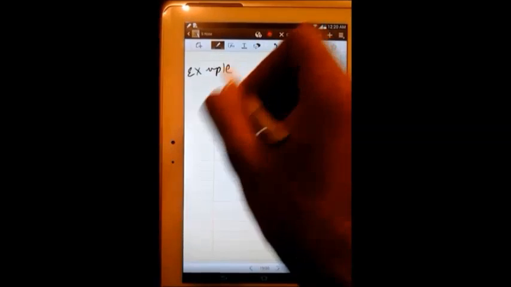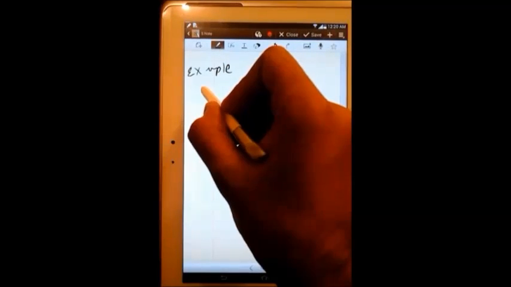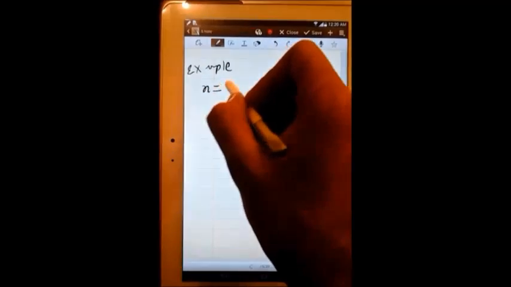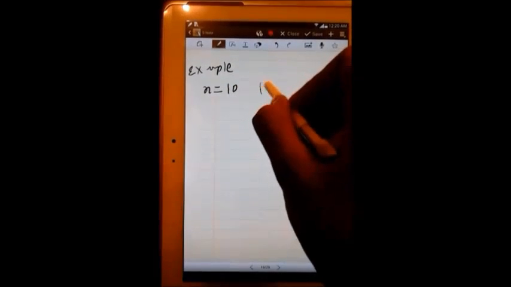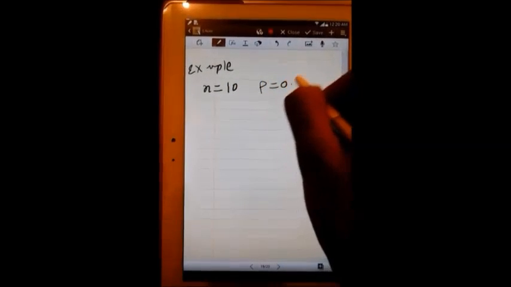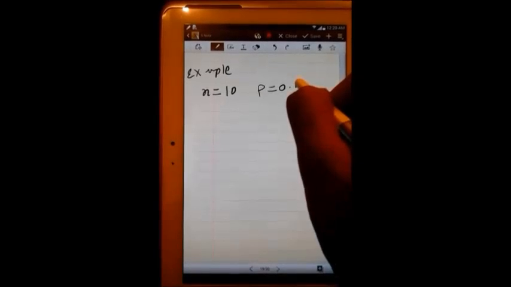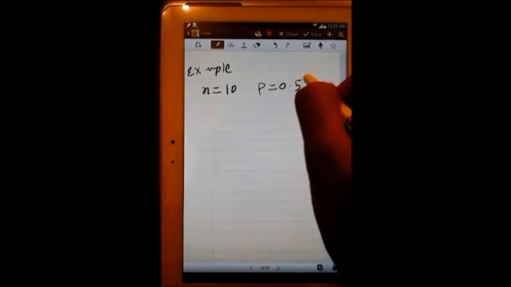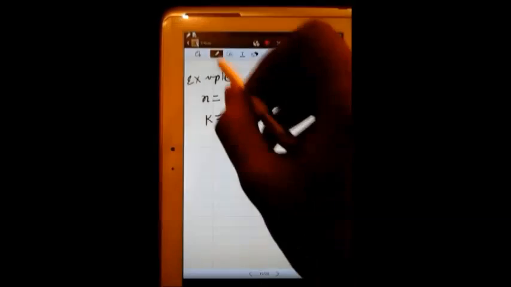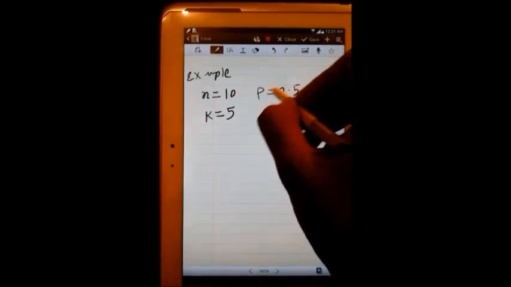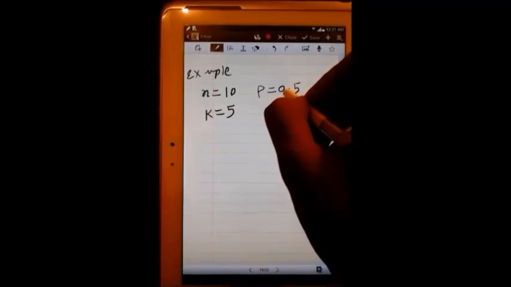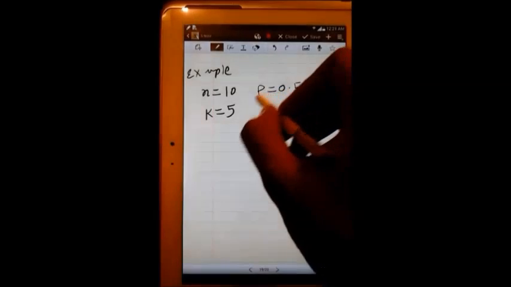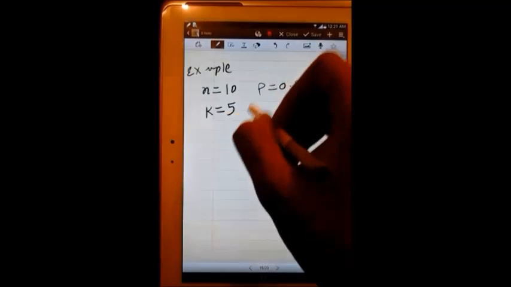Suppose n, the number of trials, is equal to 10, the probability p is equal to 0.5, and k is equal to 5.